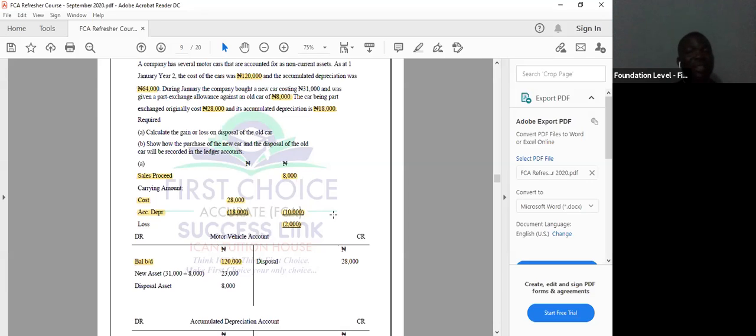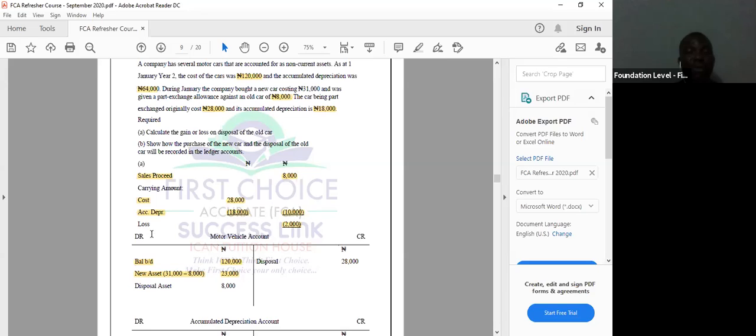The amount that was actually paid was 31,000 minus 8,000, and that gives us 23,000. Since there is an asset that is increasing, we debit the asset. But 31,000 minus 8,000 is not the cost of the asset, because the cost of the asset is 31,000.